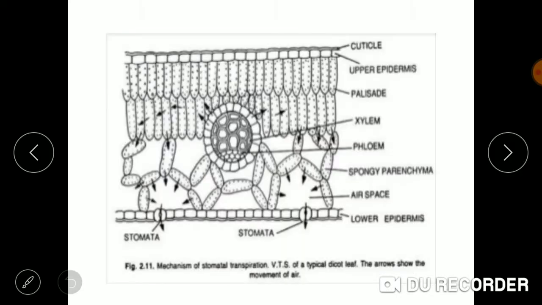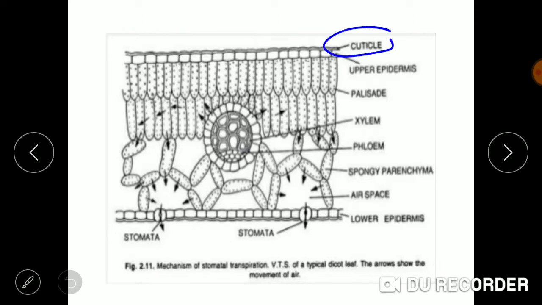We'll see the structure of stomata and how the movement of water takes place through the stomata. This is the entire diagram, in which we'll be studying the complete movement of water through the stomata.